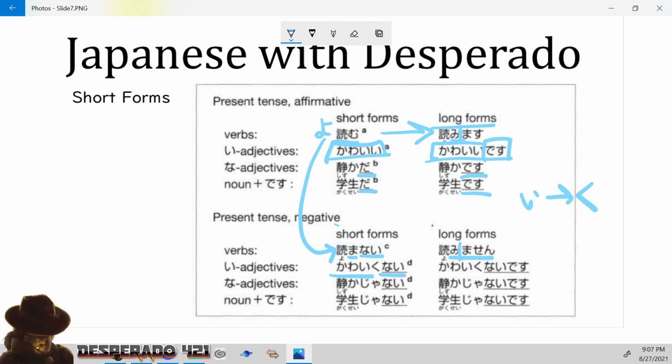And then the long form for this is also desu at the very end. It's the same thing, but with desu. And for na-adjectives and nouns, it's whatever the base is plus ja nai. So if it's an i-adjective, it's kunai. And if it's a na-adjective, it's janai. Okay.